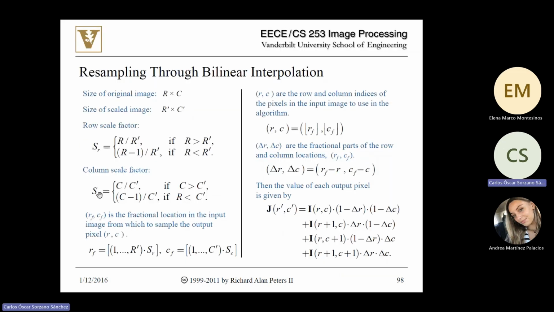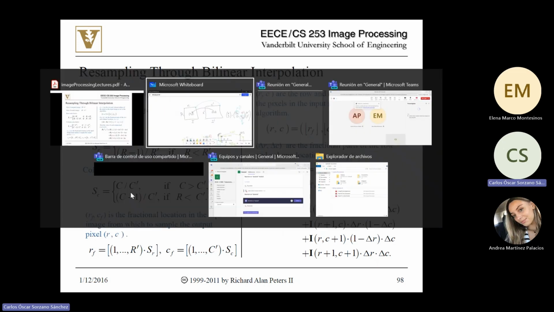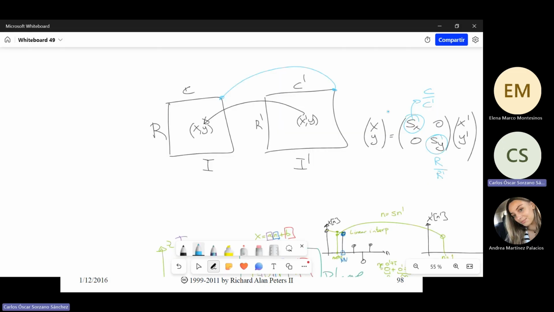So this is what you have: R divided by R prime, C divided by C prime. And then that will give you fractional coordinates. So this multiplication will give you fractional coordinates. So this will be a fraction, this will be a fraction. And then you have this interpolation scheme with the delta R, delta C.